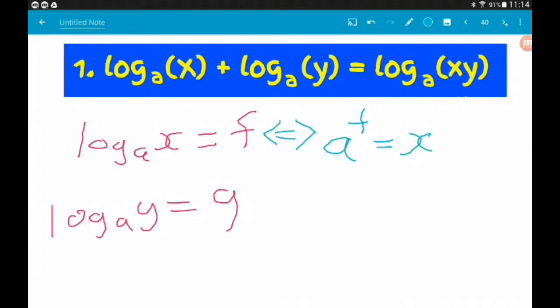And then if log base a of y is equal to g, that's equivalent to saying a to the power of g is equal to y.